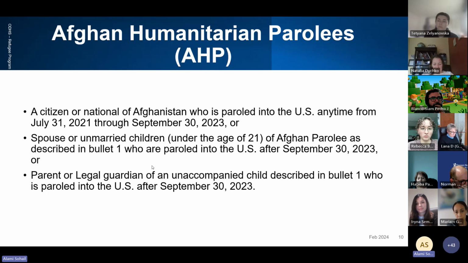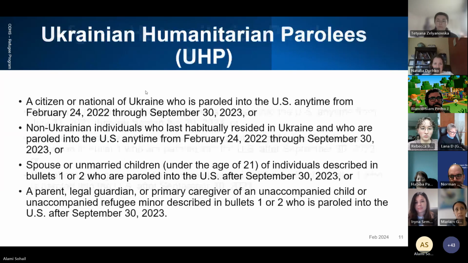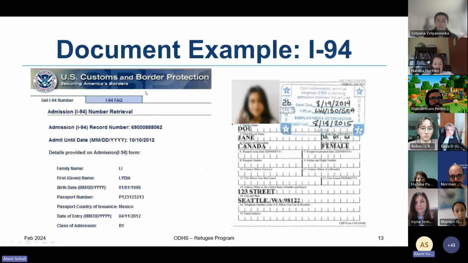All right, so I'm going to move on to the pictures of the immigration documents that I have. So I said this is the most common immigration document that you would see, the I-94. So you will either see the digital version of this, which is on the left, or you can see a paper copy of the I-94, which is on the right.